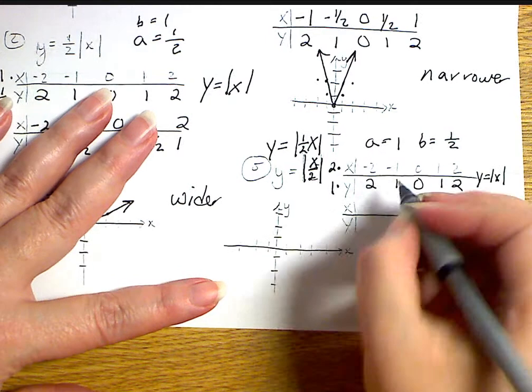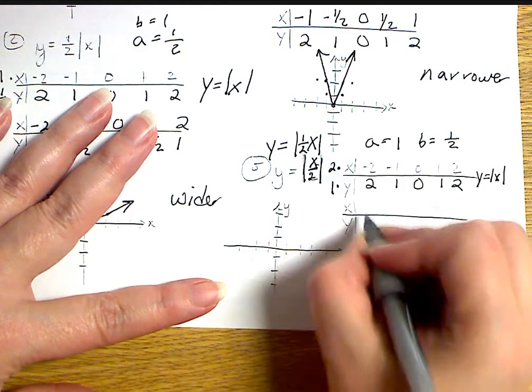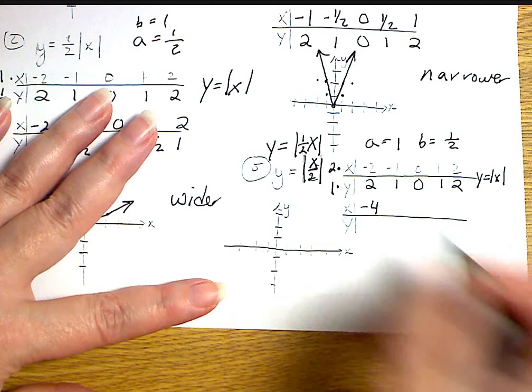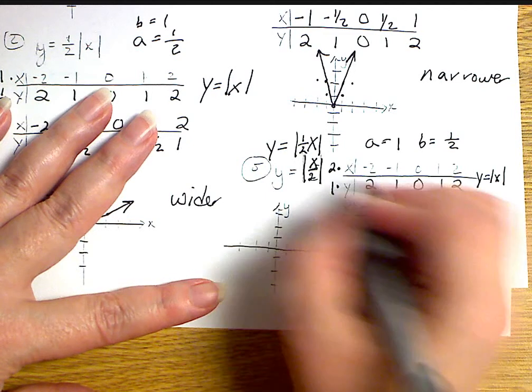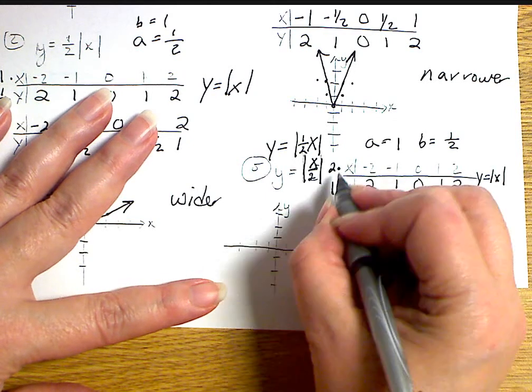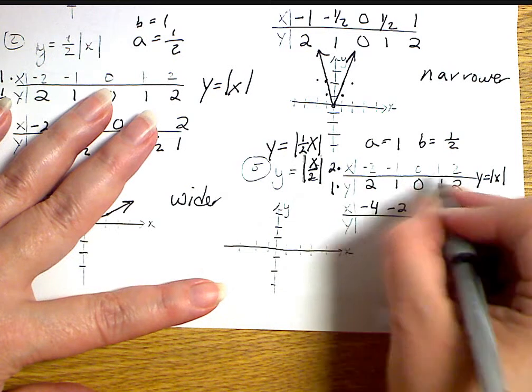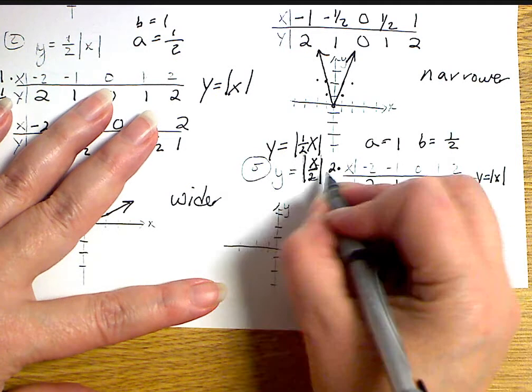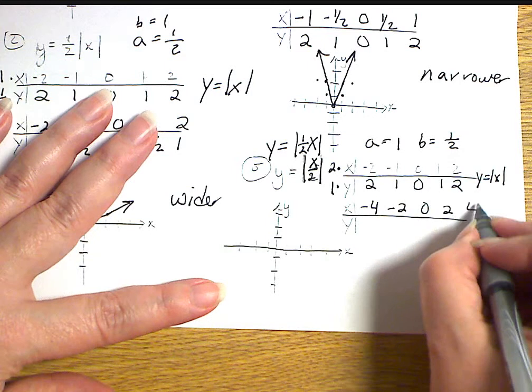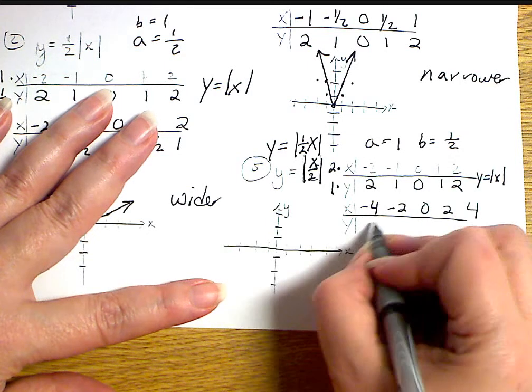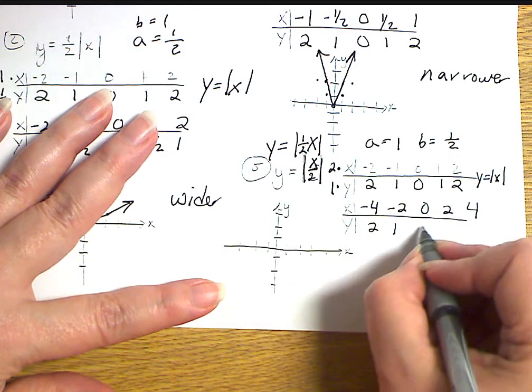So 2 times -2 is -4. 2 times -1 is -2. 2 times 0 is 0. 2 times 1 is 2. 2 times 2 is 4. Bottom is 2, 1, 0, 1, 2.